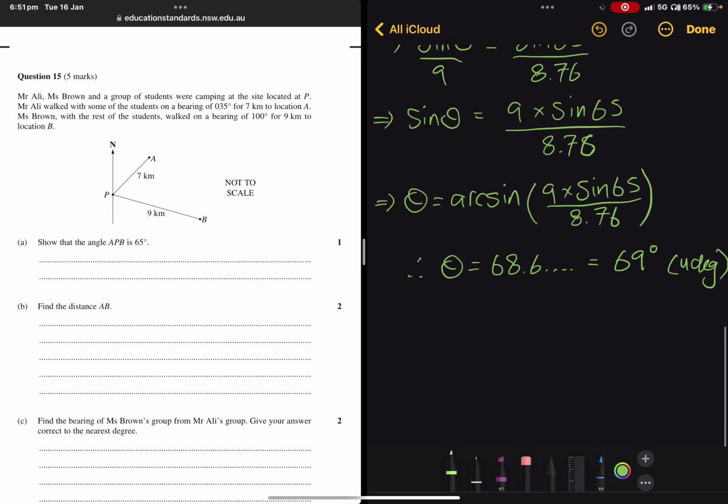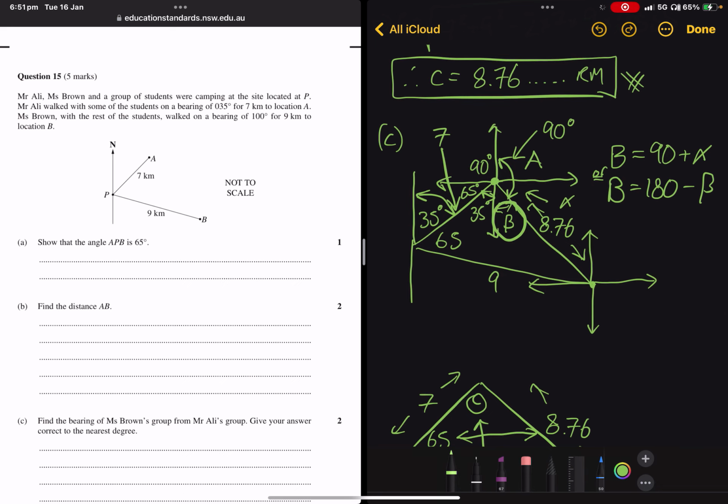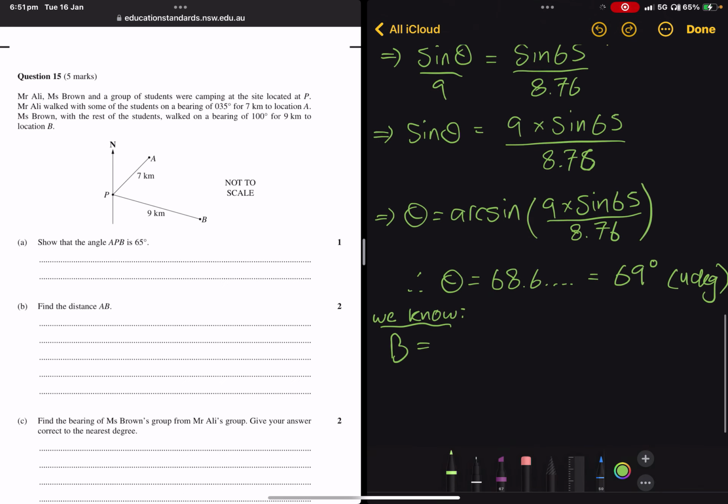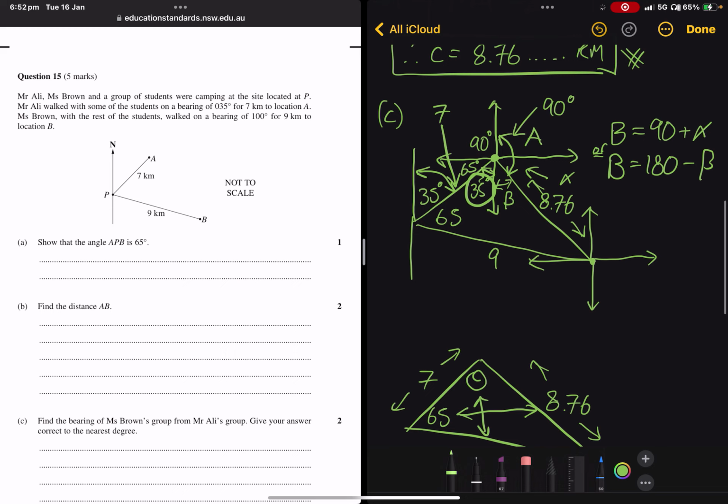Now the bearing from earlier in the question, we established much earlier, that the bearing is 180 minus beta, where beta was this little angle in here. But we know that beta is actually equal to the full angle, 69, minus 35, because there is a 35-degree angle over here, a beta angle over here.